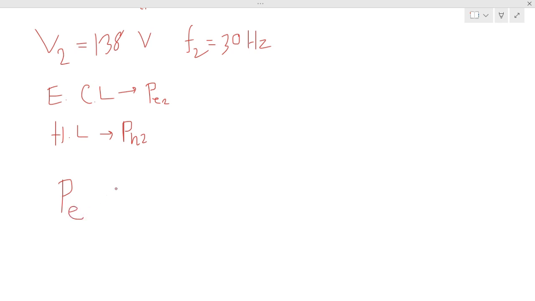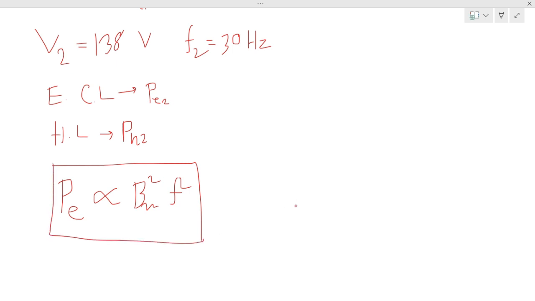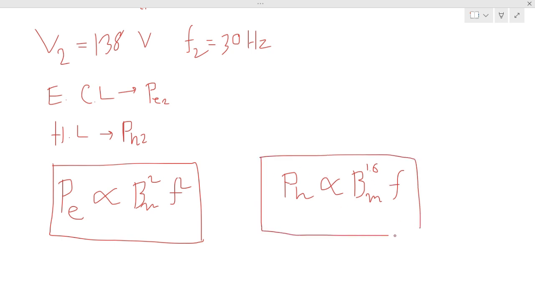As we know, the eddy current loss PE is proportional to Bm square F square, and the hysteresis loss PH is proportional to Bm to the power 1.6 F. In some books you can see this exponent written as x.